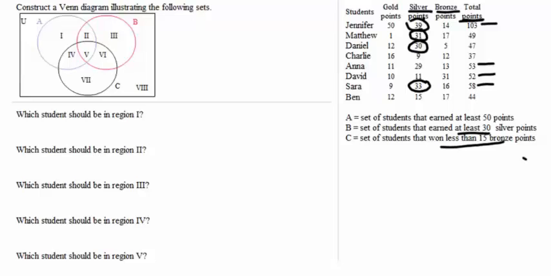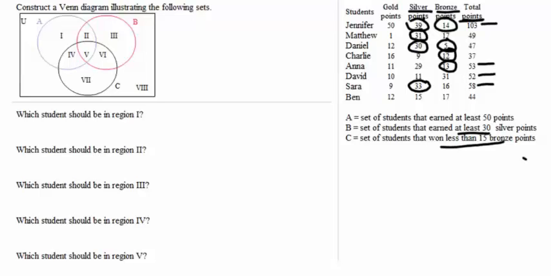And set C is the set of students that won less than 15 bronze points. So the students in region 5 would be those that are in A and in B and in C.